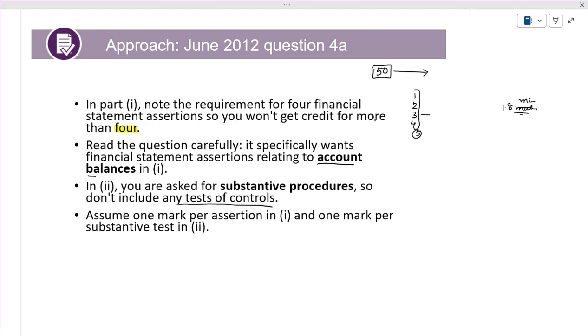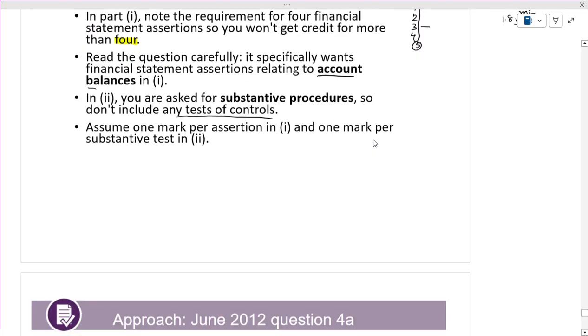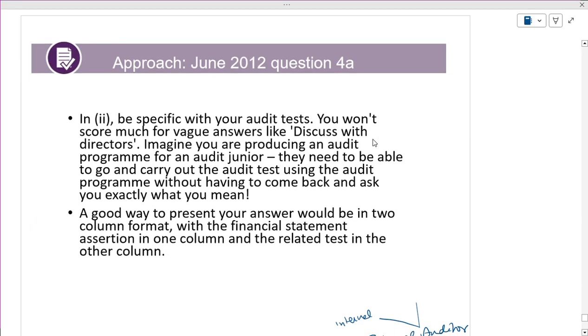Assume 1 mark per assertion and 1 mark for the substantive test. We have done account balances; again I will do it. In part 2, be specific with your audit test. You won't score marks for general answers like discuss with the directors. What you are discussing with the directors, you have to mention.